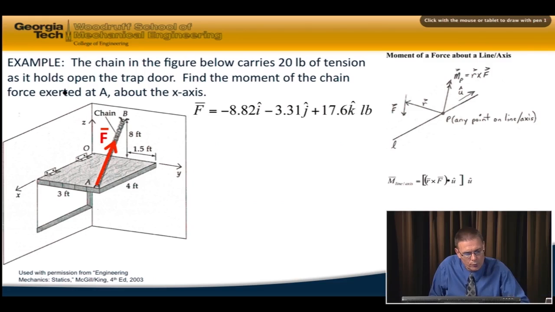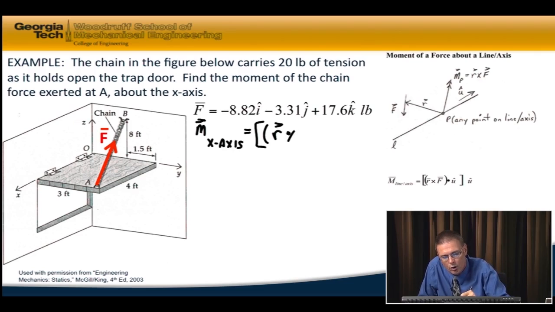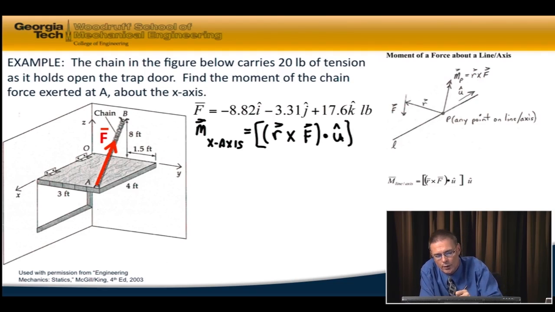Okay, here's the result you should have gotten. You have a force vector acting at point A along the line of action of the chain. This is the force expressed in vector form. And so now I've got the moment about the x-axis is going to be equal to the position vector crossed with this force that we just found, dotted with the u direction vector, and it's all overall going to be in the u direction.